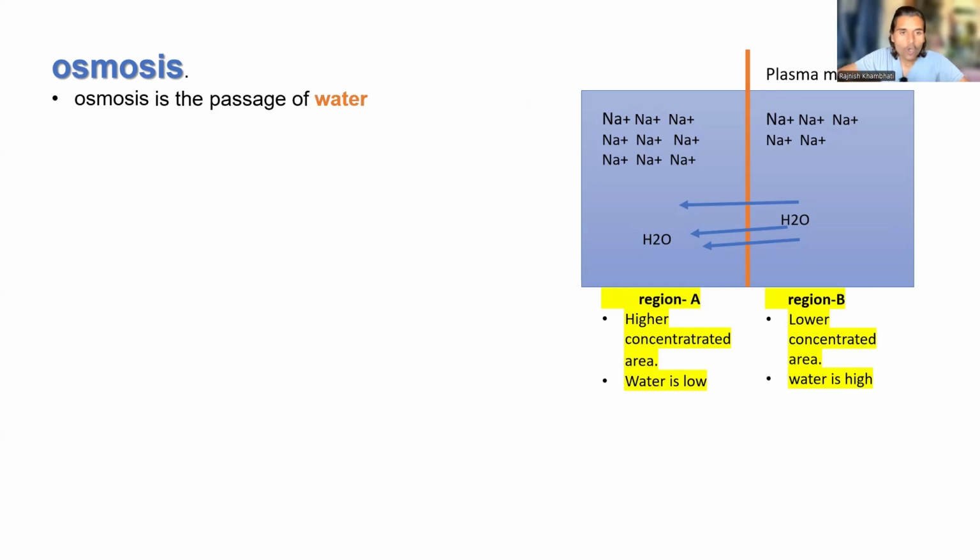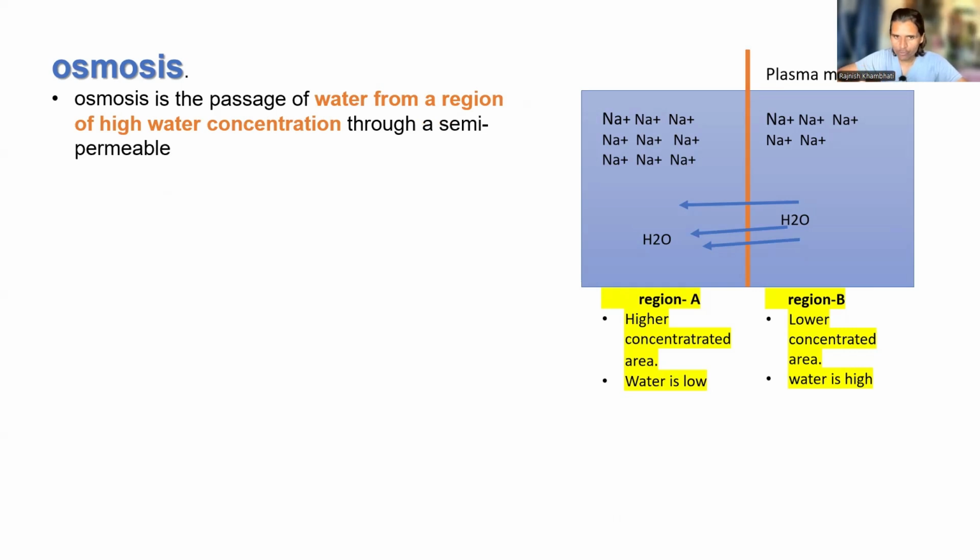See, osmosis is the passage of water from its region of high water concentration through a semi-permeable membrane to the regions of its lower water concentration. Basically, I can say that this is the diffusion of water.